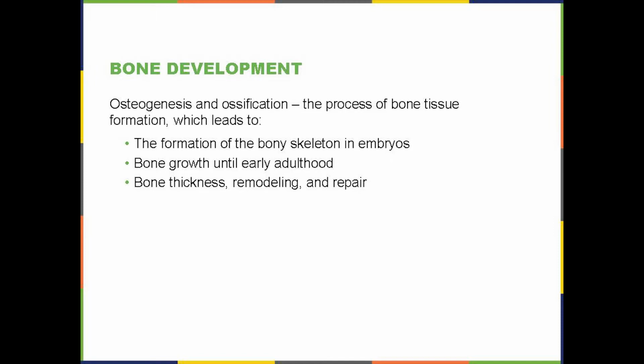Whereas the matrix is made up of collagen. So that gives us its flexibility. Part of the strength comes from the calcium phosphorus in there, but also from these layers that you see here. This is a lamellae, this is lamellae.